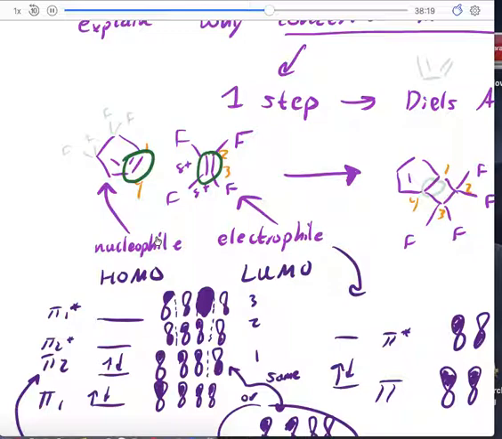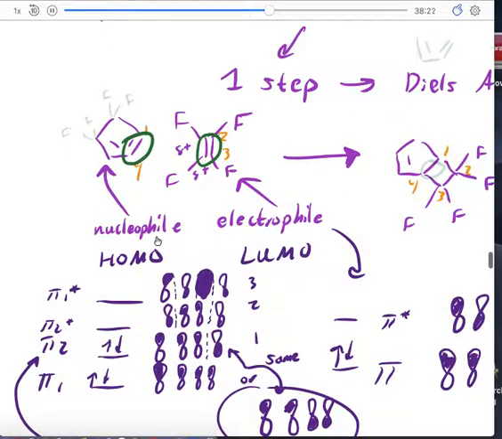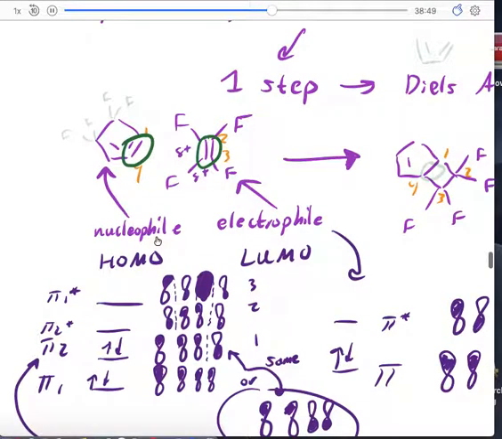How did you know that you were focusing on this pi bond? It could really be either one. It would be the same thing either way.